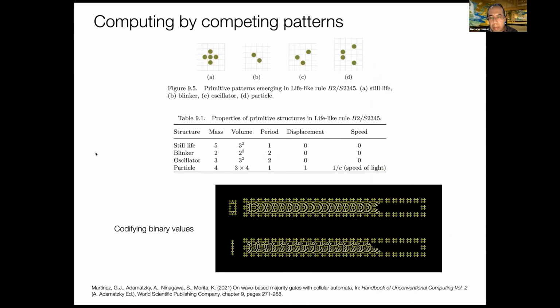That is an important characteristic to think of another possibility. Particularly with this automaton, we can recover some ideas from Von Neumann. We want to codify binary values, but not only by single signals.